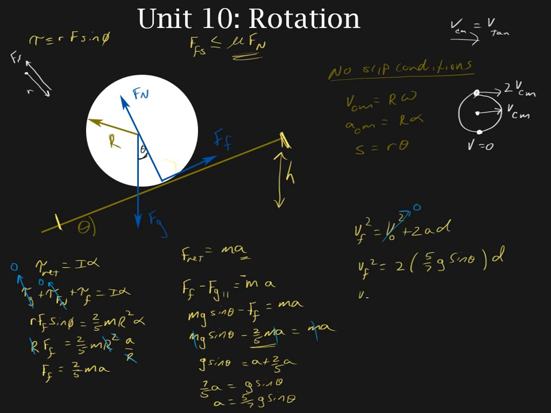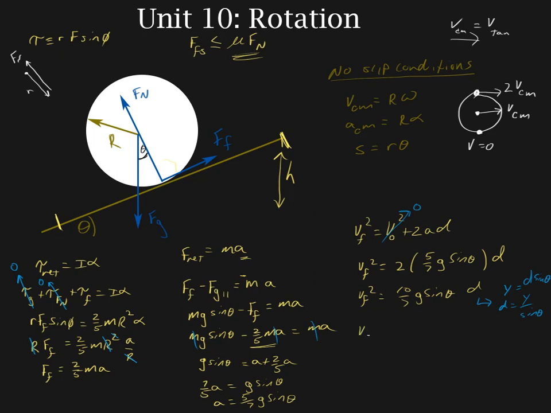So this is going to give us 10/7 g sine theta times d. Now we still have to work on d a little bit, and we know that y is equal to d sine of theta. So d is equal to y over sine of theta.